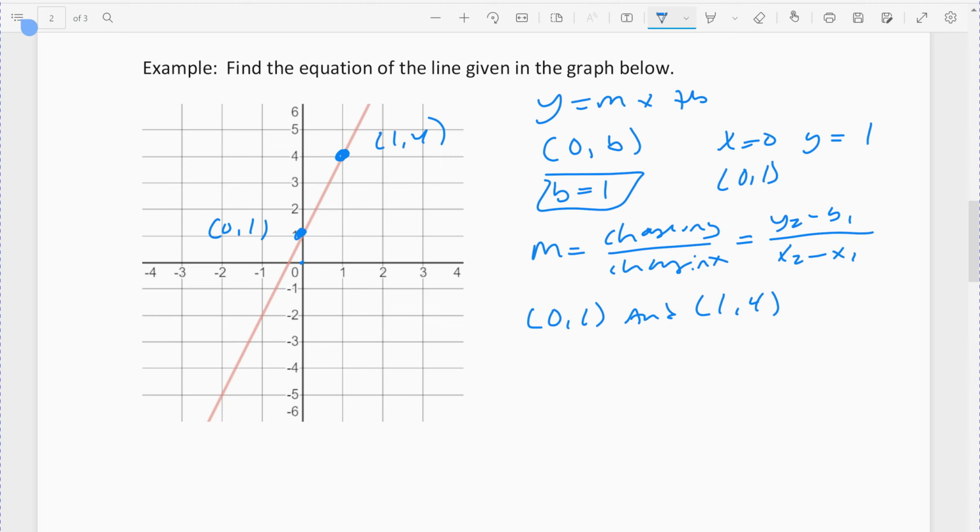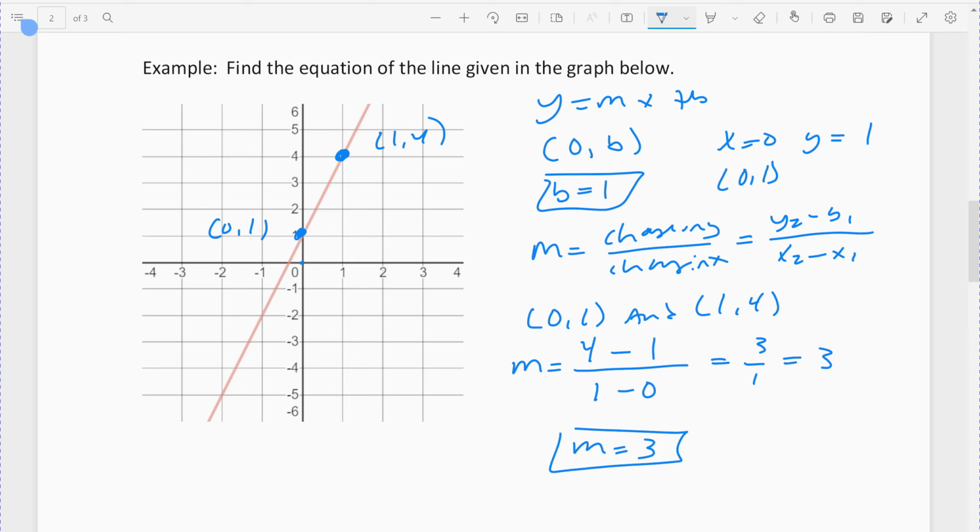When x is 1, y is 4. And so if I use my formula, which again you can always use, it's the change in y. Well, y2 would be 4, y1 would be 1, so 4 minus 1 would be my change in y. And then my change in x would be 1 minus 0, so I get 3 over 1, so my slope is 3.